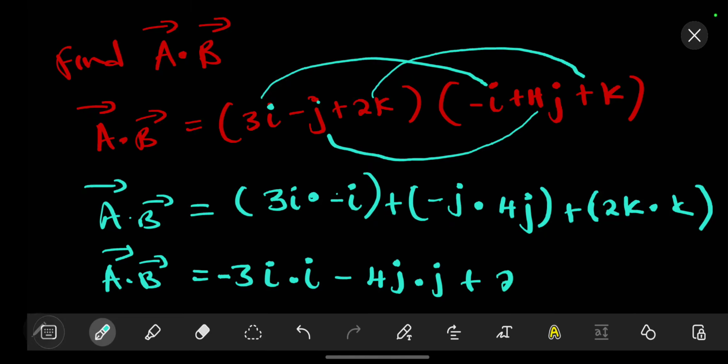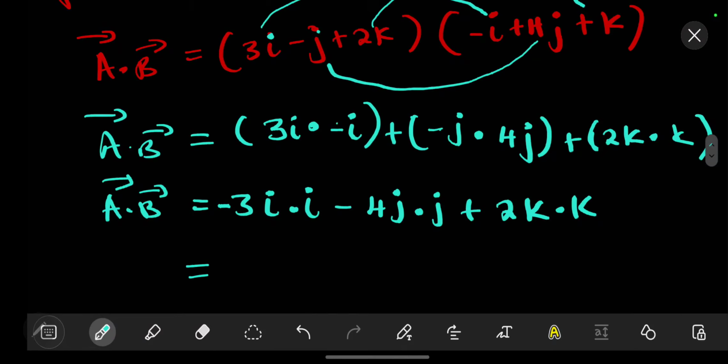Then we have plus 2k, and this k is multiplying, so we write dot k. So we are going to have negative 3, and I dot I will give us positive 1.